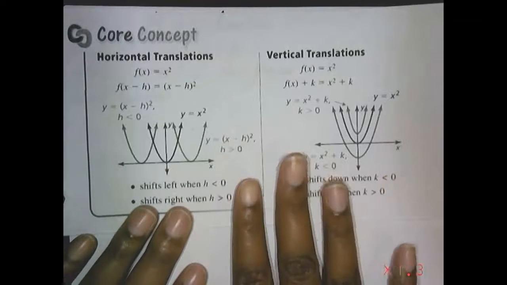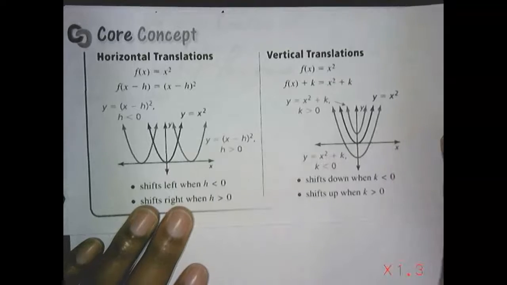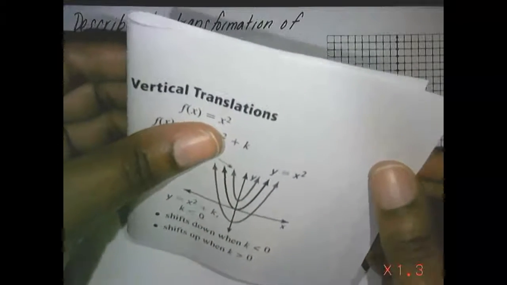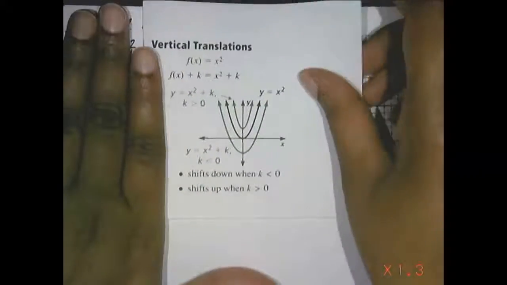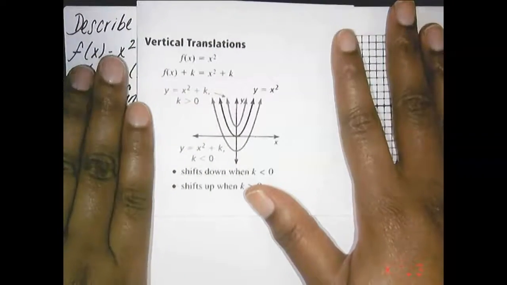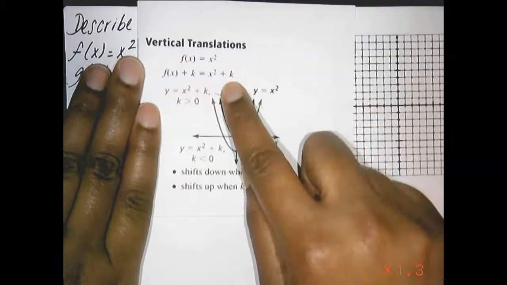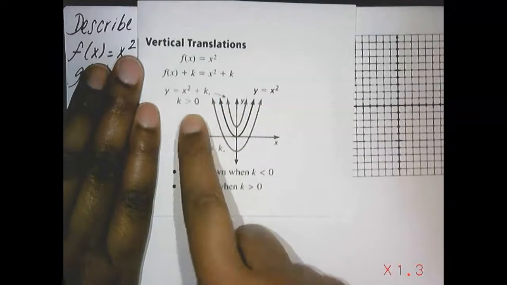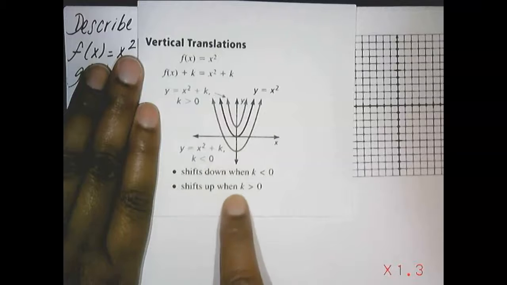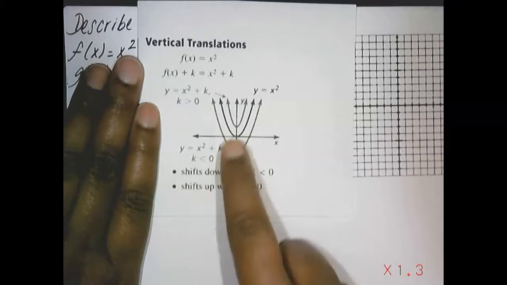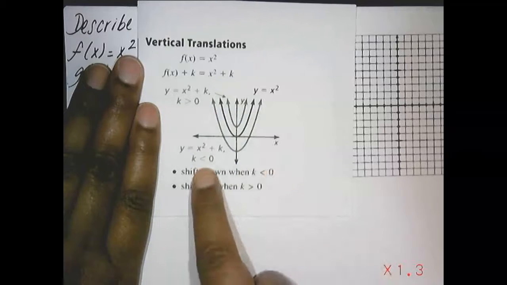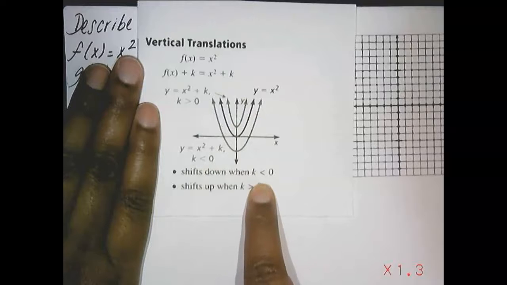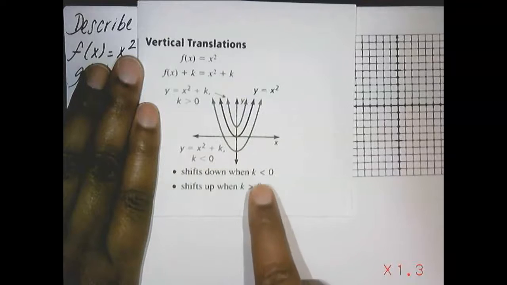If we just focus on the vertical transformations, because that's how we started with absolute value functions, that happens when we change the k value. If k is greater than 0, the graph is going to shift up. If k is less than 0, that graph will do a vertical shift down. So vertical up or down.